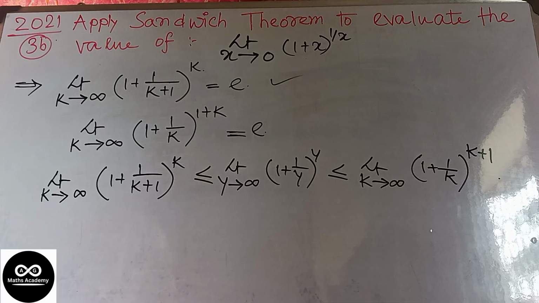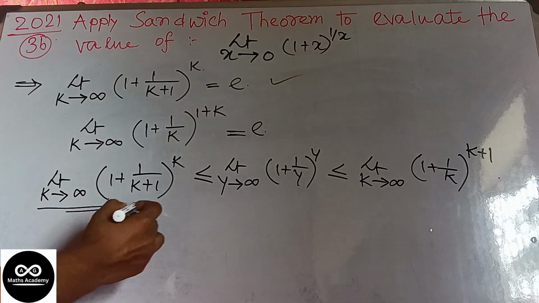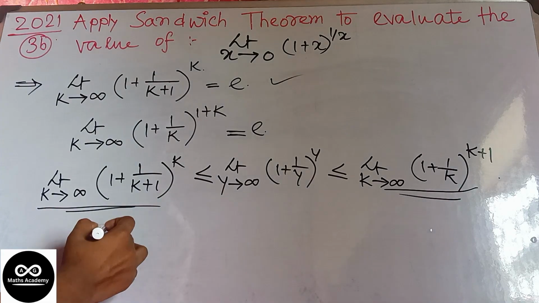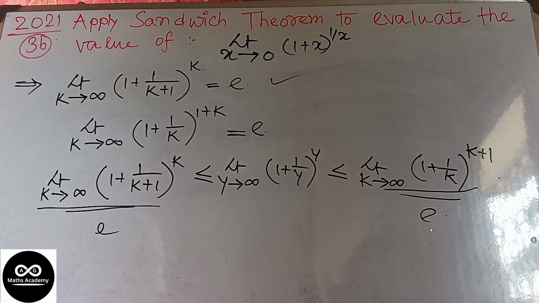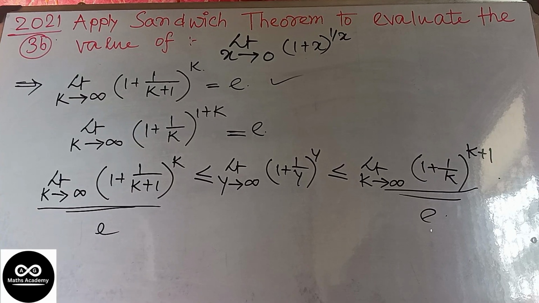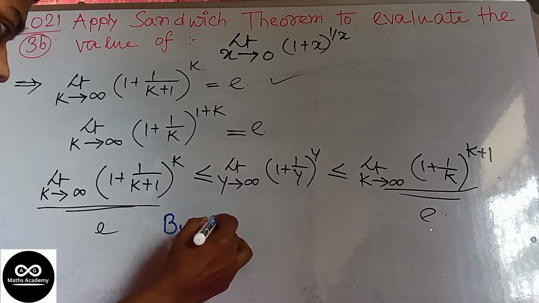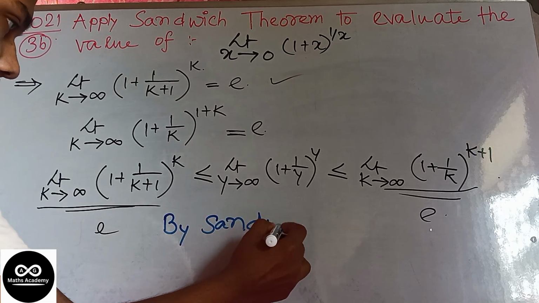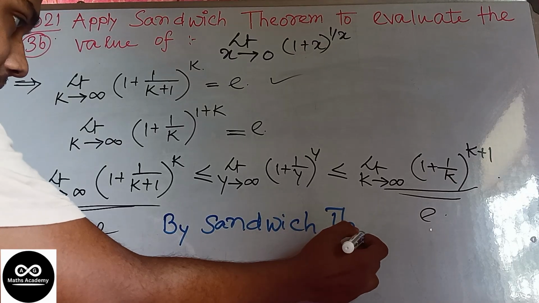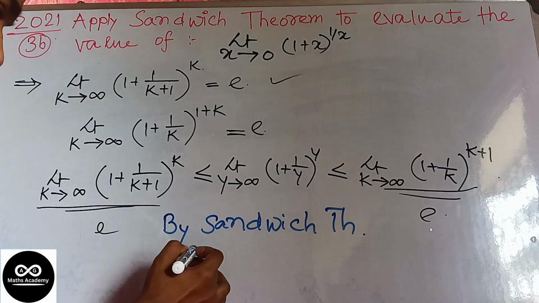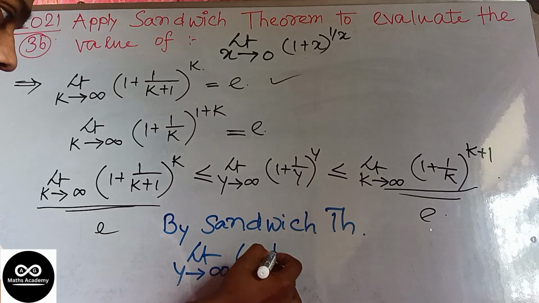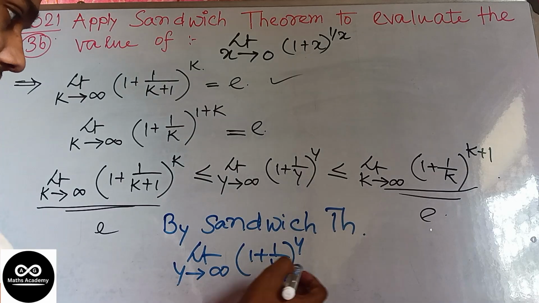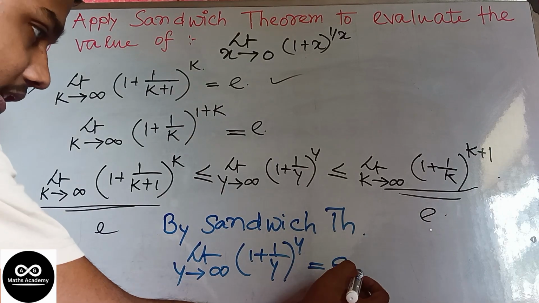Okay, so now we get that both of these limits are equal to e. Then by the sandwich theorem we can write that this middle one, the limit as y tends to infinity of (1 + 1/y)^y, equals this one, e.